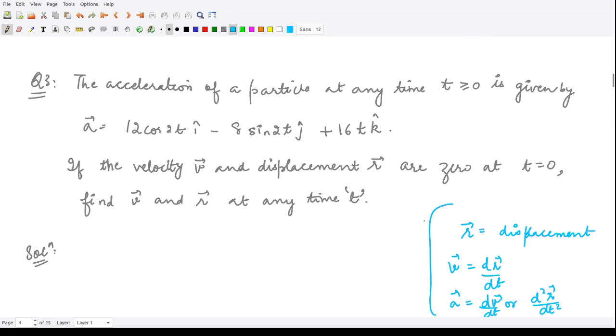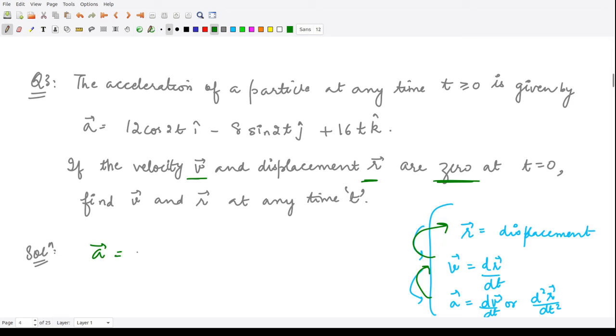Now in differentiation we move from here to here and here to here, but in this case we are to move from here to here by integrating, and from here to here again by integrating. Moreover, in order to calculate the constants, the values of velocity and displacement are given to be 0. So let's see how we can reach v and r.